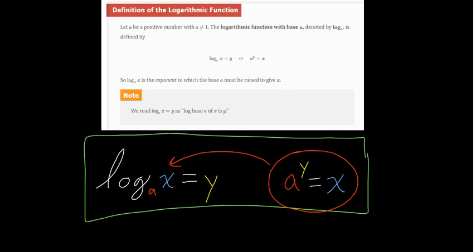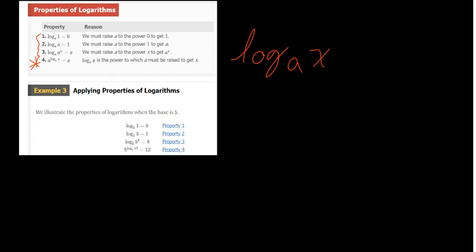The argument goes next to the log, and that is equal to my exponent. Okay. So again, with the first three I'm going from log to exponent, but the fourth one we're going to change from exponent to log. So hopefully that makes sense.